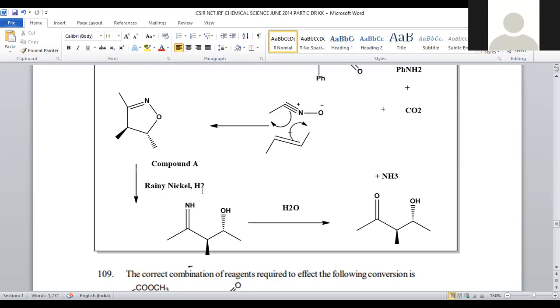It will be treated with Raney nickel and subsequently hydrolyzed, subsequently reduced, and whatever ring system is there, it will break between nitrogen and oxygen, and they will be added with hydrogen. Raney nickel is a strong reducing agent, and it will cleave the ring structure.